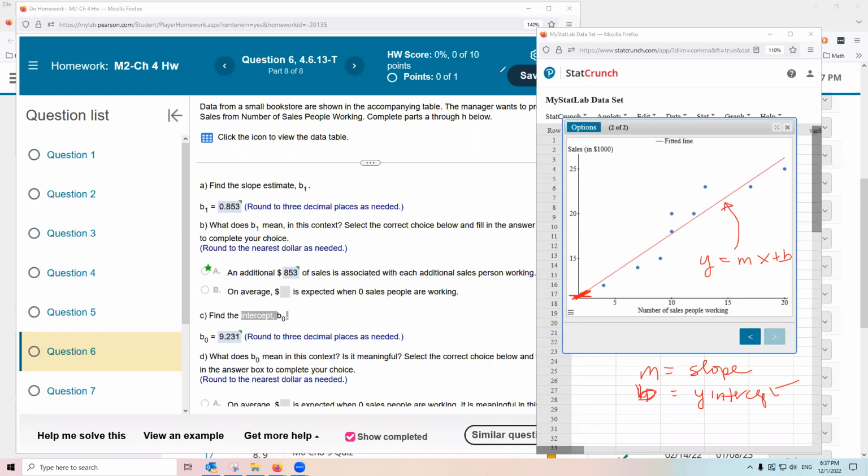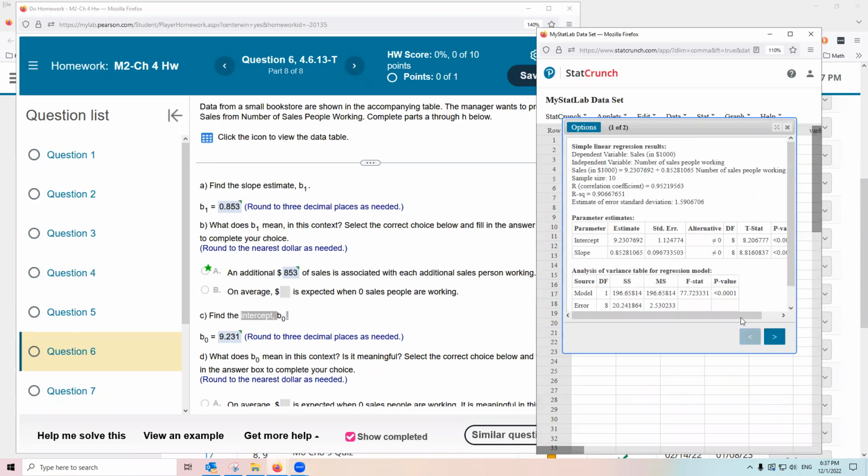Well, let me go back to the first screen because StatCrunch is going to give you these two numbers. And if you notice right here in this line, StatCrunch is giving you the slope and the y-intercept. So in our example, we're really thinking of sales as y. So I'm going to write this as y. And we're thinking of the number of salespeople as x.